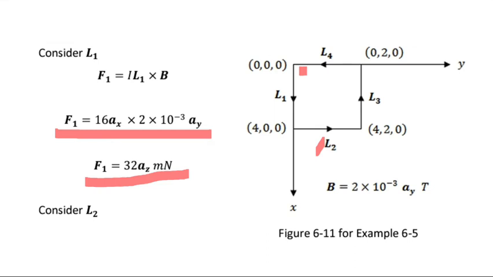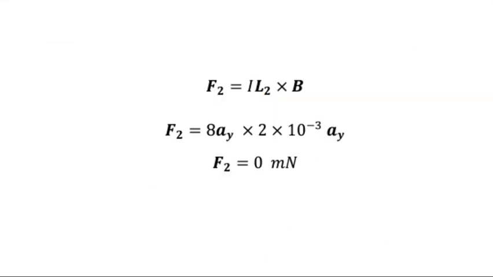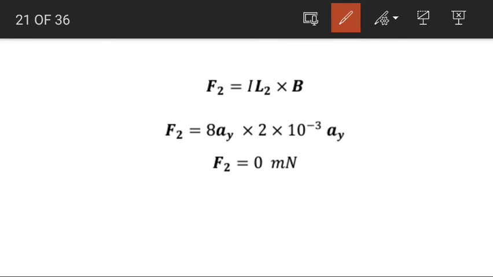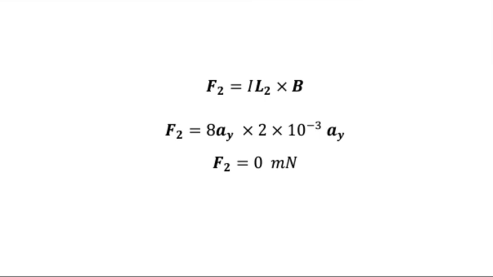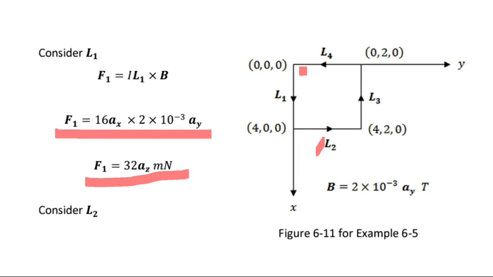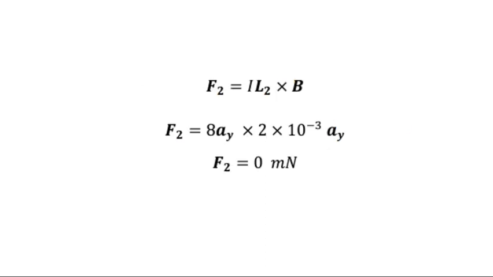Now we consider L2, the force which is experienced by the side L2 of this current carrying loop will be equal to IL2 cross B. Well, if we multiply L2 by the current, we get 8 AY.